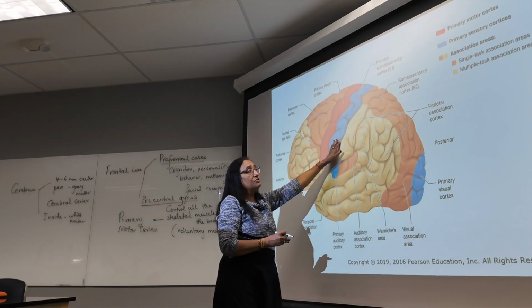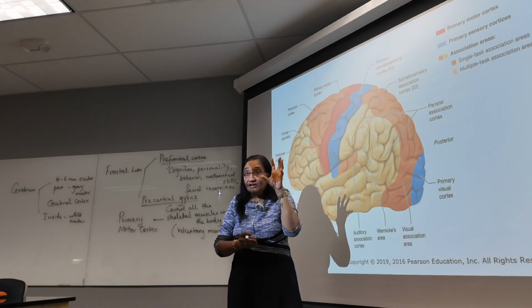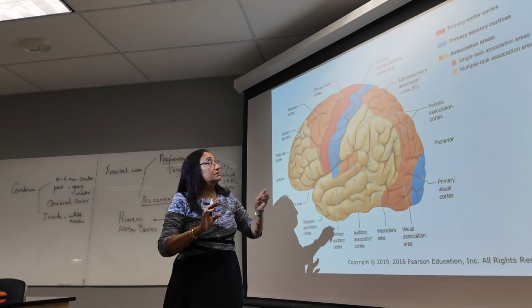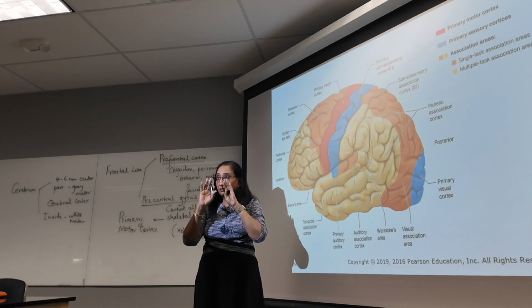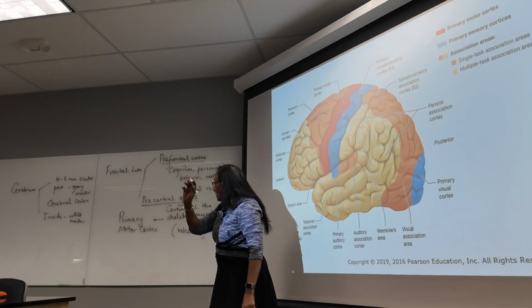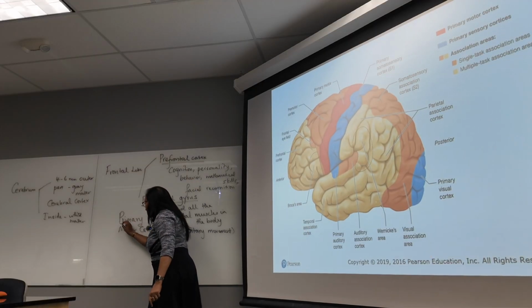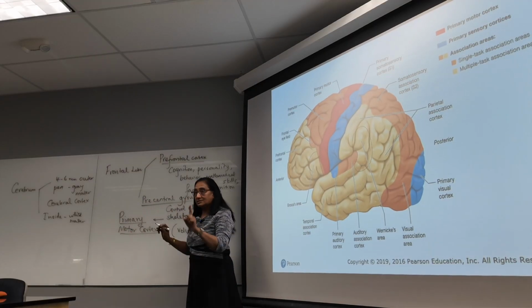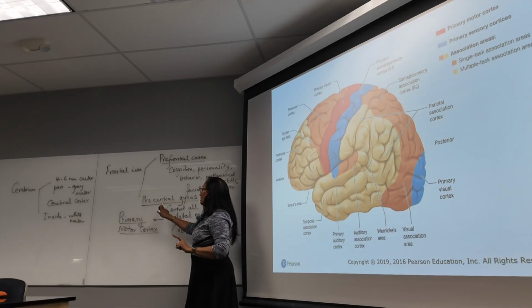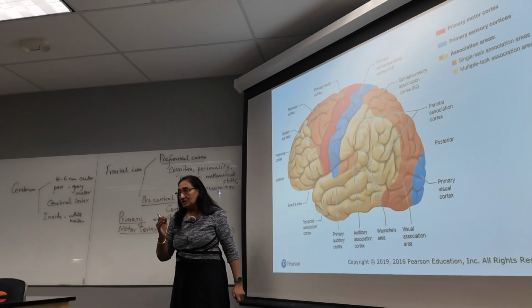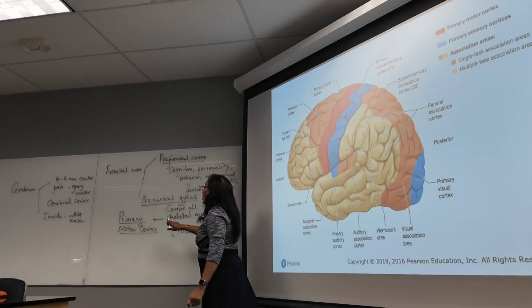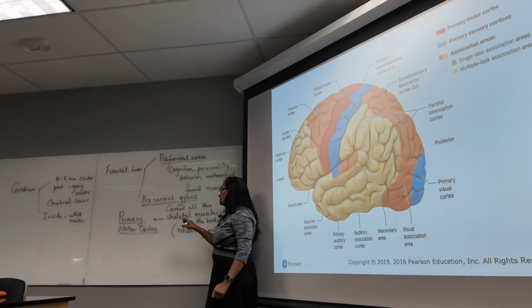You will find association areas everywhere, but this is just for completion's sake. What I definitely want you to know is the primary motor cortex. Where is it found? Precentral gyrus. What does it do?